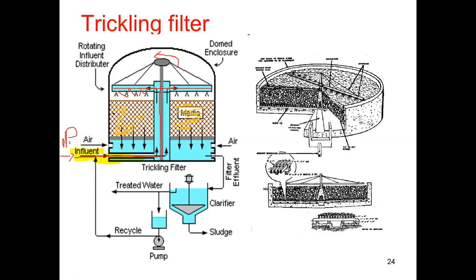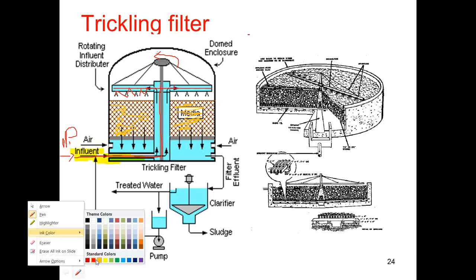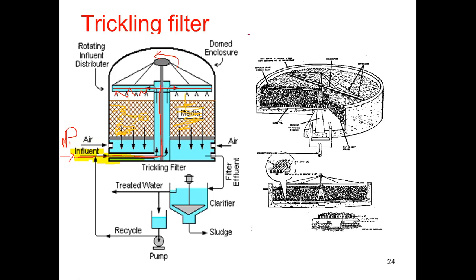You may remember in distillation also you learned that there are some internals, trays and plates and also some packing materials. So likewise, there is packing. It may be stone. Okay? Then microorganisms are attached to the surface of that stone. Then what happens? The wastewater is flowing from top to the bottom.